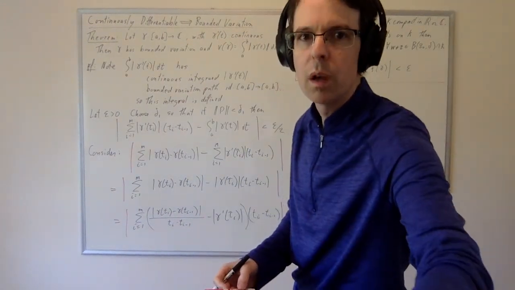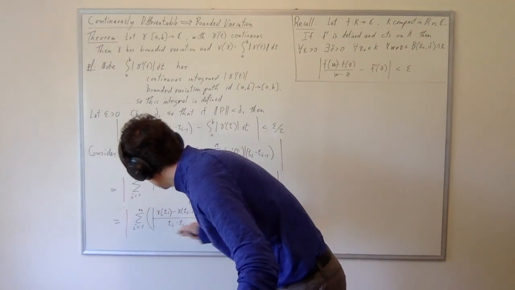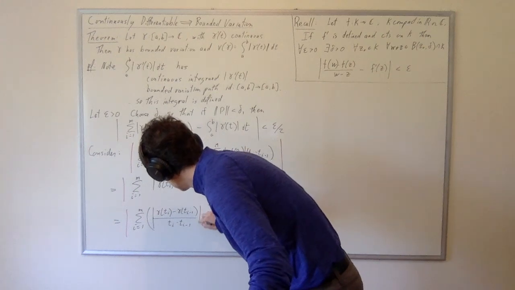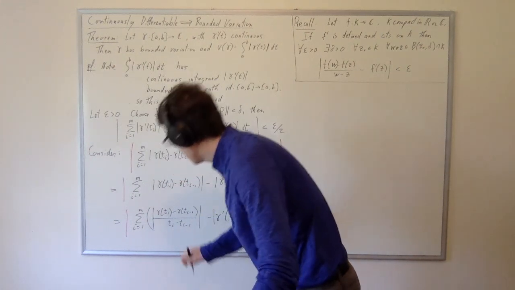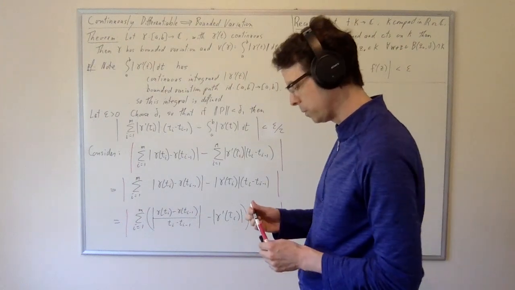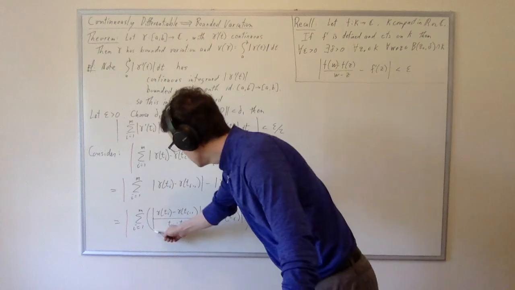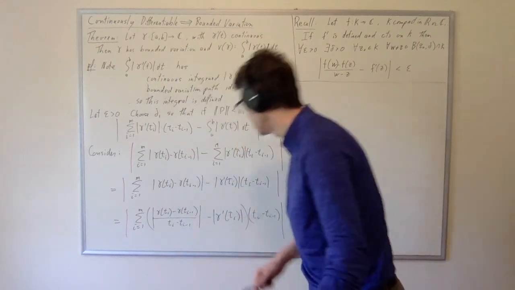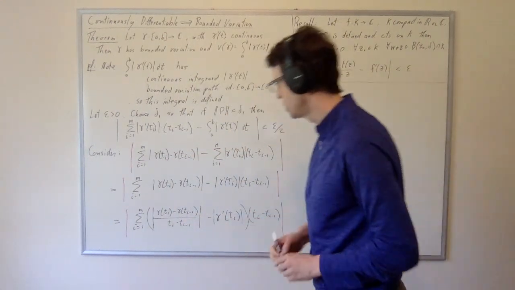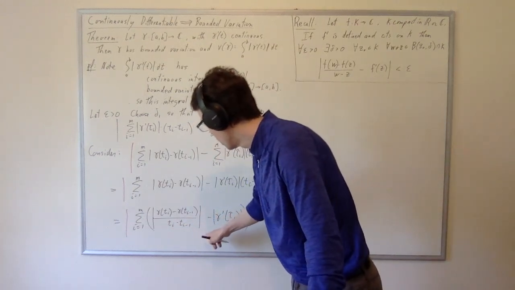And if so, then I can absorb that inside these absolute value signs. In other words, it's harmless to accidentally take the absolute value or modulus of this thing because it's a positive real number. So I can absorb that there. And now this is just a modulus of something minus the modulus of another thing. And that obeys a triangle inequality.